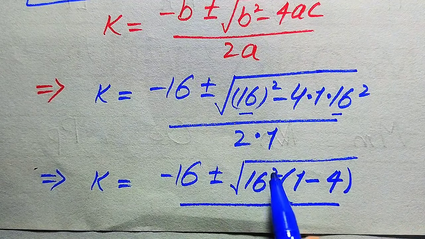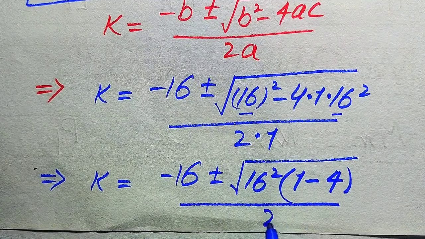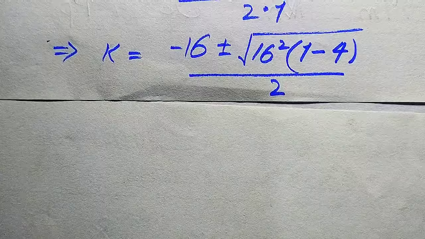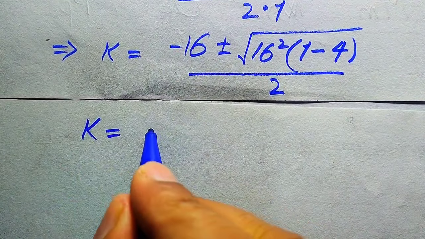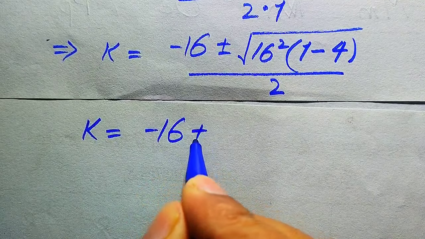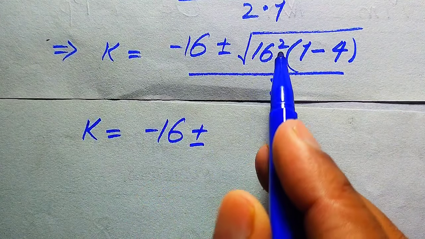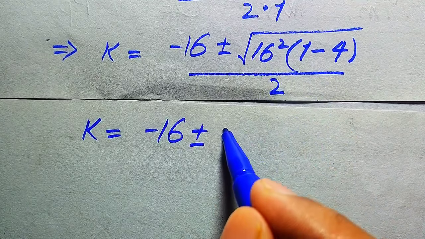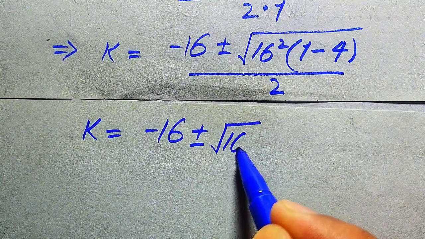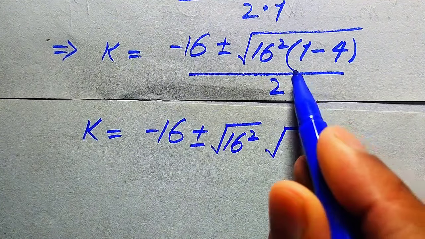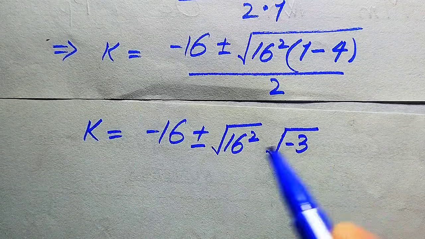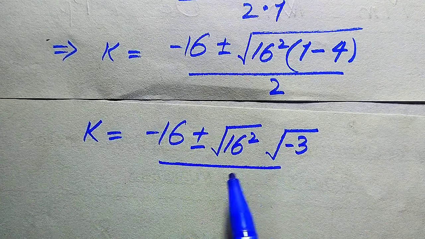And this whole term is divided by 2 times 1, which is 2. Now in the next step, k equals to minus 16 plus minus, and here we can apply the square root separately on both values: square root of 16 square, and square root of 1 minus 4, which becomes minus 3, divided by 2.